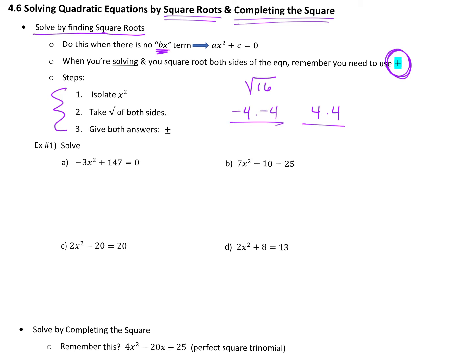So the first one here, how would I isolate my x squared? What's my first step to get x squared by itself? Thoughts? Get x by itself, we would subtract 147. Yes, that's where we're gonna start.